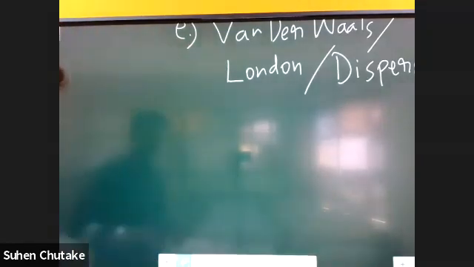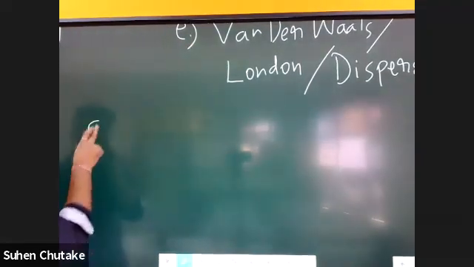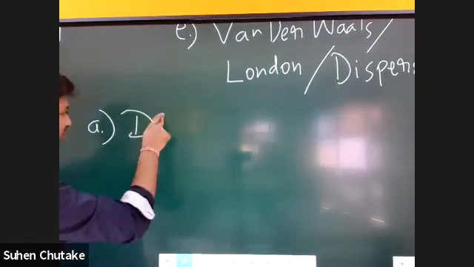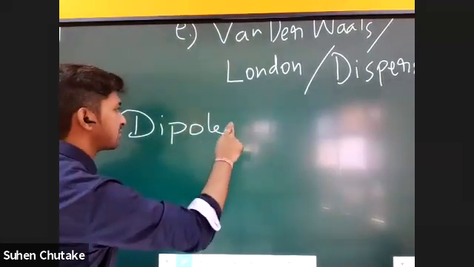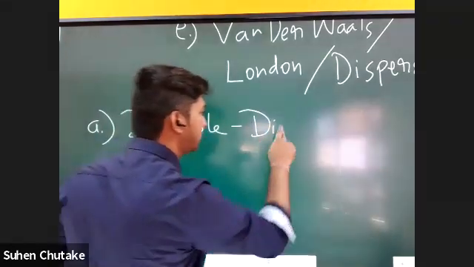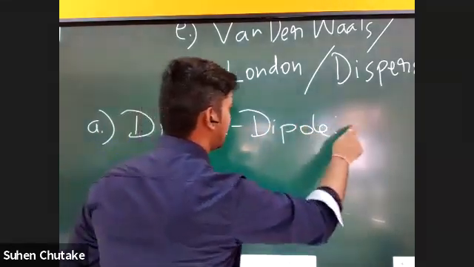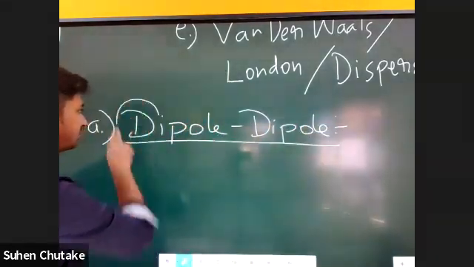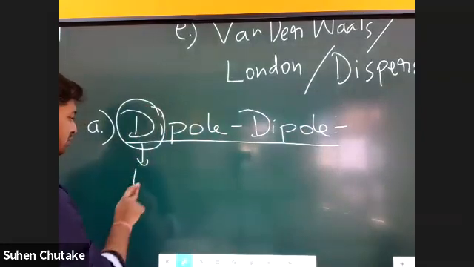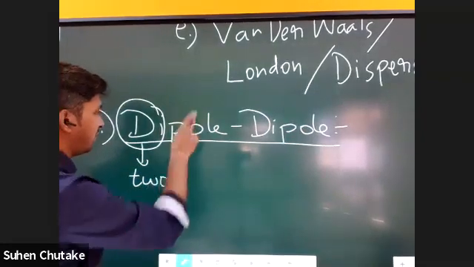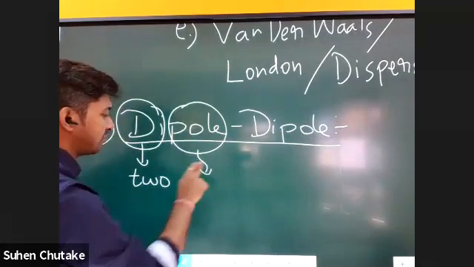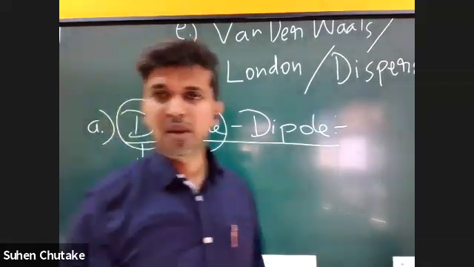The first point we'll pick up is dipole interaction. First of all, what do you mean by dipole? Di means two. Pole means charges, the positive pole and the negative pole.